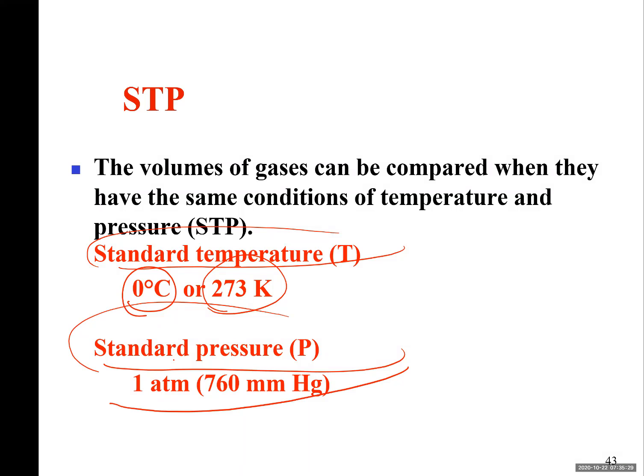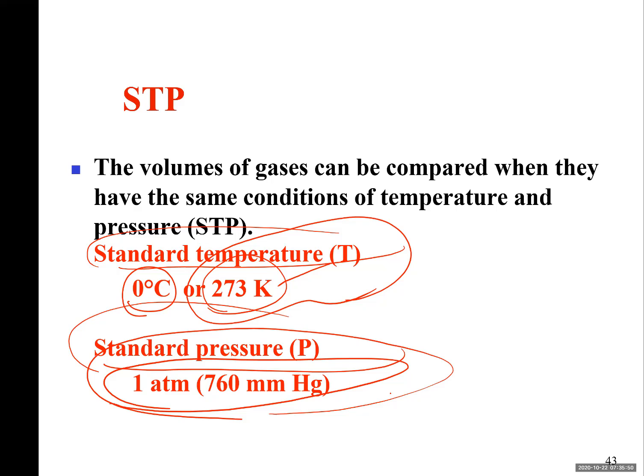It's defined to be 1 atmosphere pressure, 760 millimeter of mercury. So if I say we have a gas at STP, standard temperature and pressure, immediately make the assumption that temperature is 273 and pressure is 1 atmosphere or 760 millimeter of mercury. That's our definition for STP.